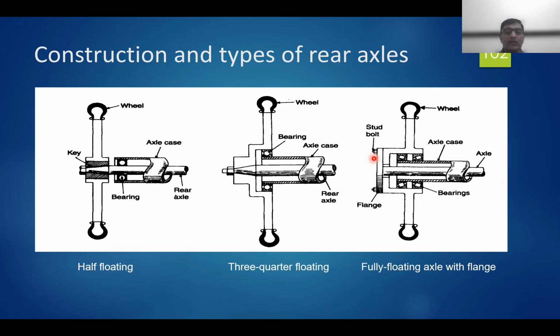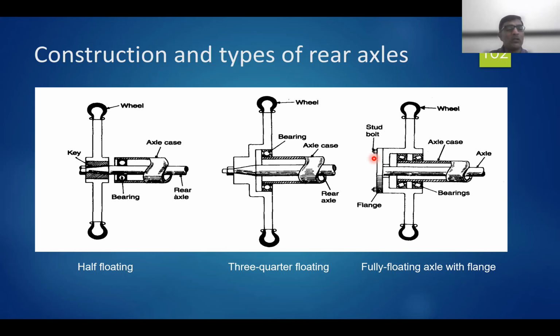So based on that, the rear axles are floating. Sometimes it is half floating, sometimes it is 3/4 floating, and sometimes it is a fully floating axle with the flange. Float means free. There is no load on the axle.